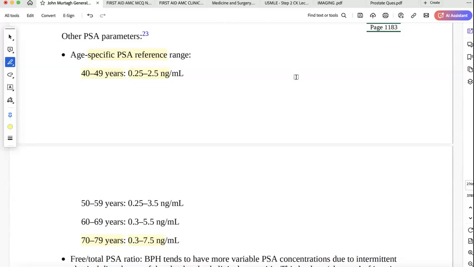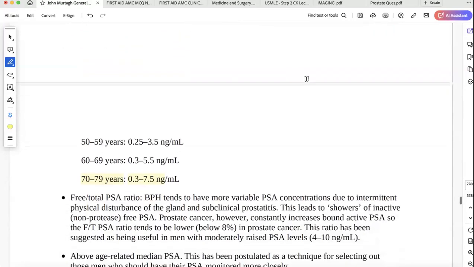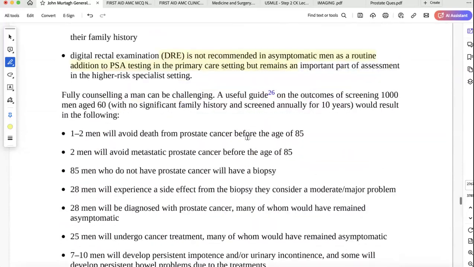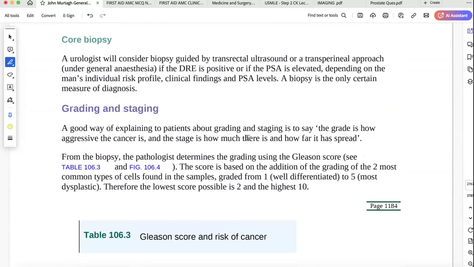So you go for a biopsy from the prostate. The biopsy will be able to confirm the diagnosis. Biopsy also will be able to say what the Gleason score is.